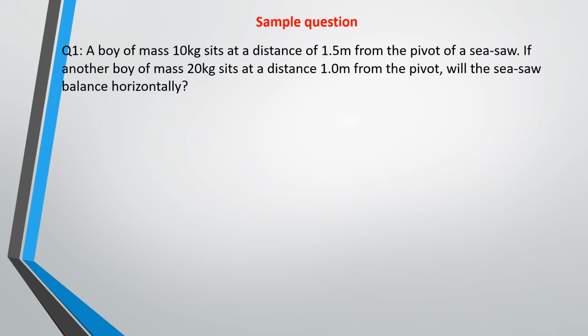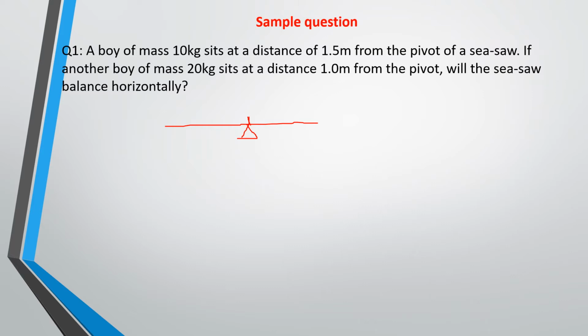So in this particular instance, let's just draw the seesaw and then put a pivot. Okay, so this is like a seesaw, and this is the pivot, the point of rotation of the seesaw. So they said that a boy of mass 10 kg sits at a distance of 1.5 meters from the pivot of a seesaw.